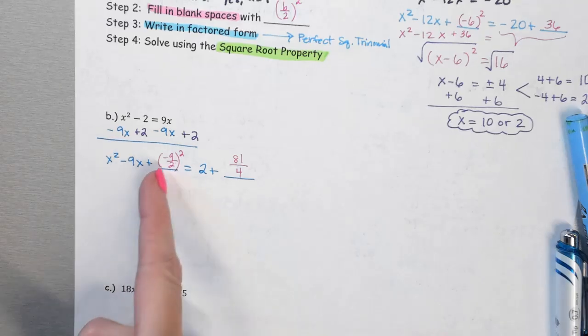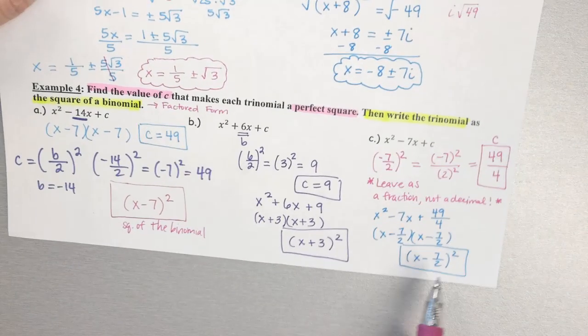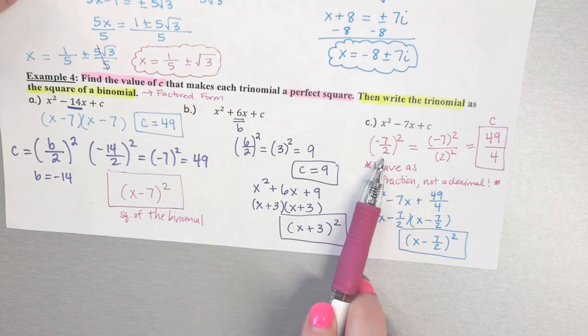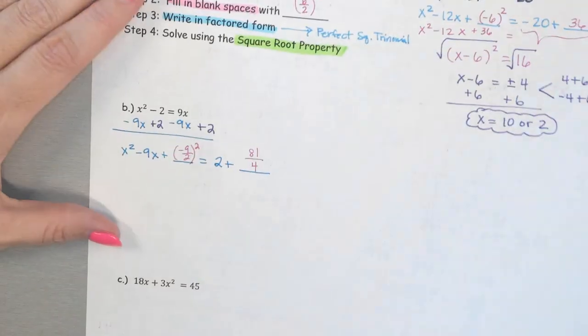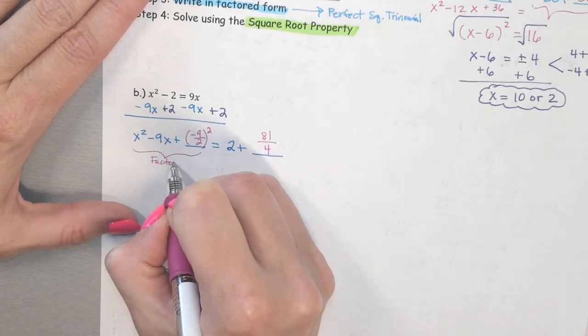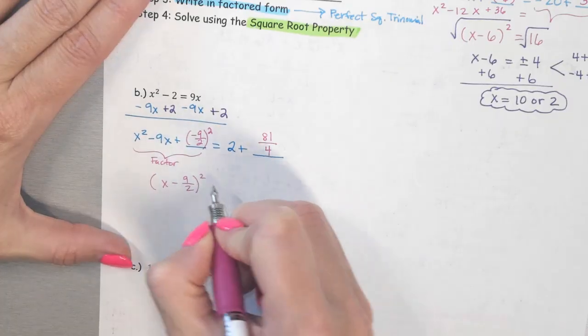And then when you go to factor this, remember how we talked about every single time when we factored this, it ended up being the same as this value here. If you want, you can just go ahead and factor and make this x minus 9 over 2 squared.